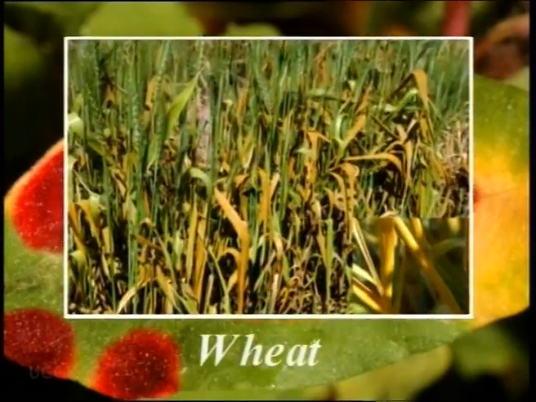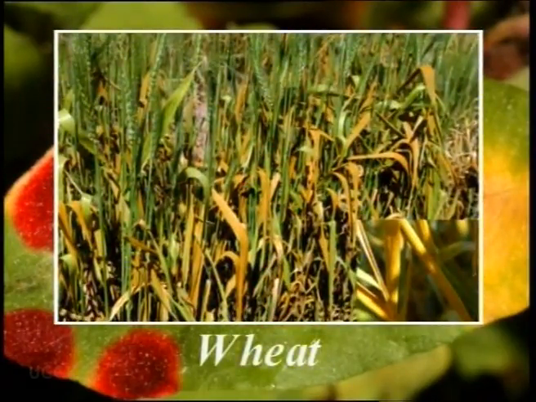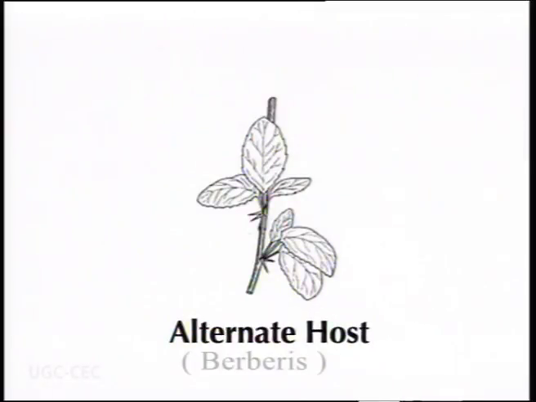Stages 2 and 3, already discussed, are produced on the wheat, that is the primary host, and stages 0 and 1 on Berberis, that is the alternate host of the fungus. The different spore forms follow one another in a definite sequence within a span of 1 year.